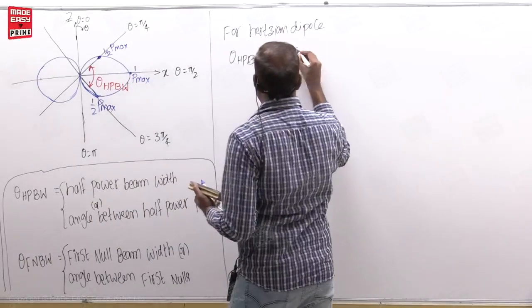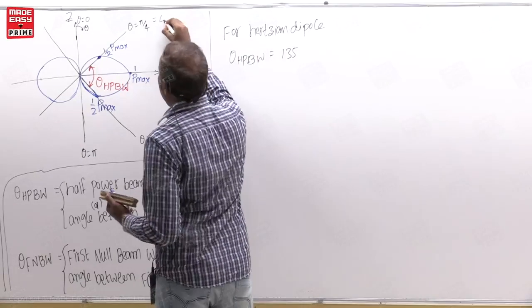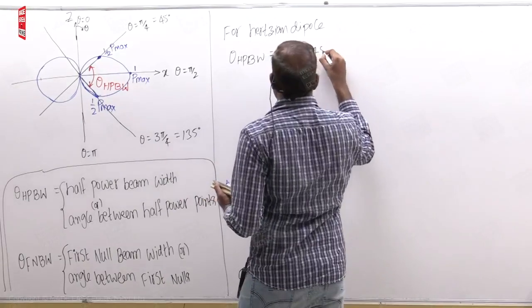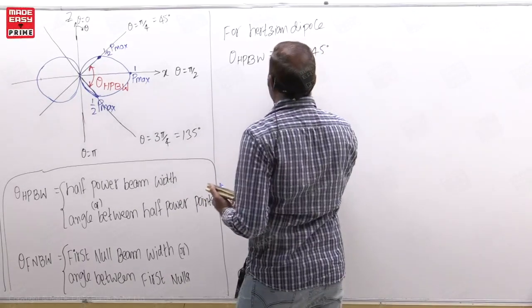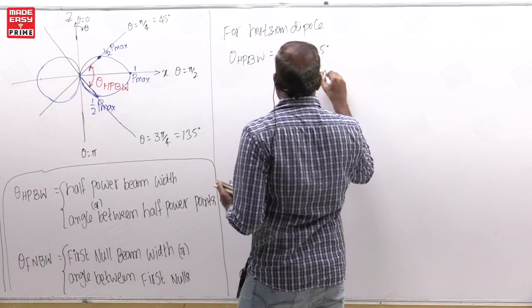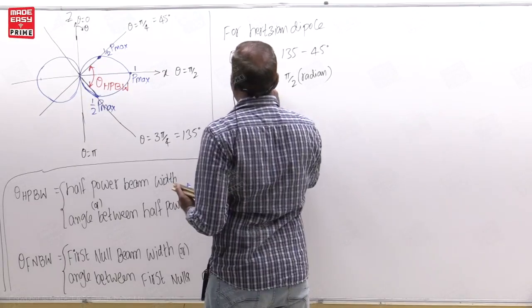So this is 135, students, this is 45. 135 minus 45, that is equal to pi by 2 radian. In terms of degrees, 90 degrees.